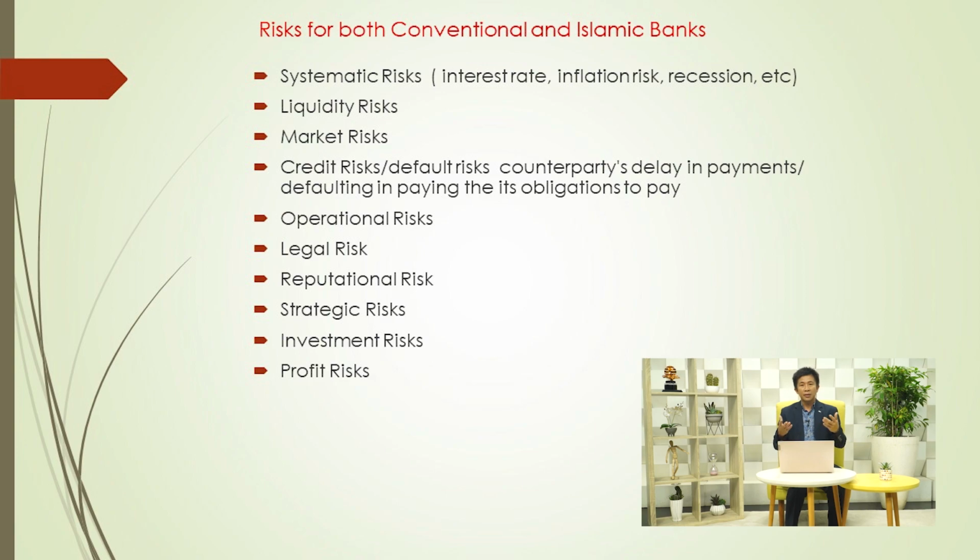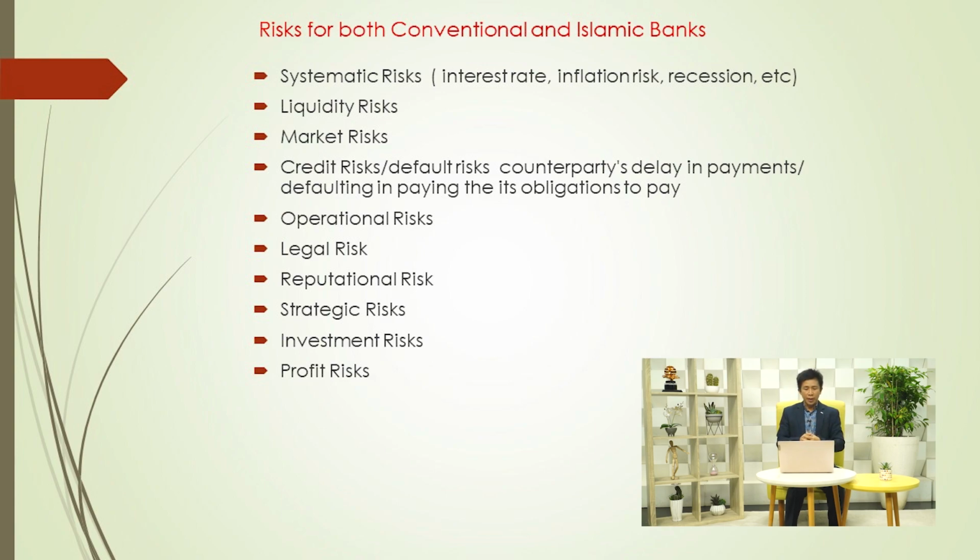The banks or financial institutions cannot control this risk; it is beyond their control. That is why this is an external factor, what we call systematic risk. For example, recessions. When the economy is not good, the bank cannot control this. When there is high inflation, the bank also cannot control this. But this inflation can give a negative impact because it is a risk to both conventional and Islamic banks. So these are examples of systematic risks.